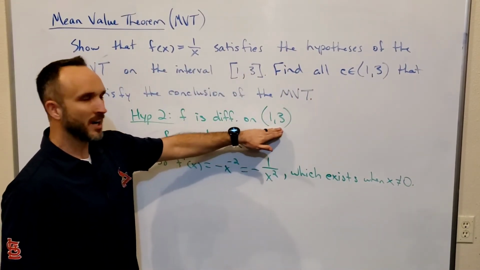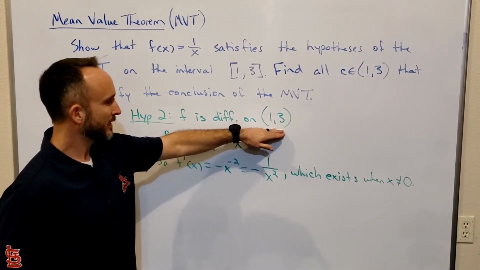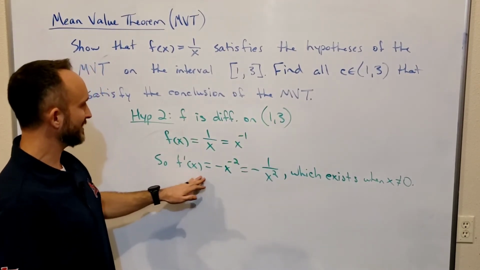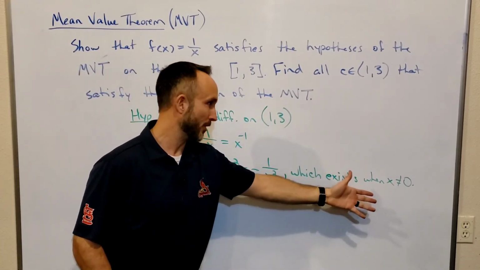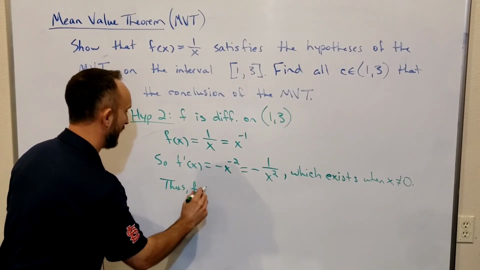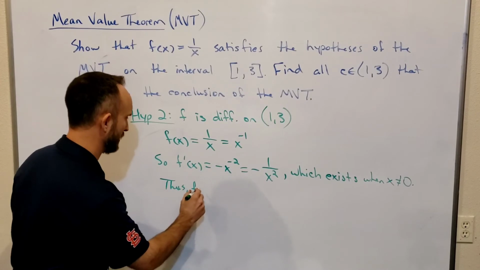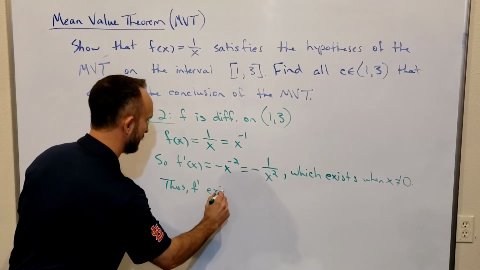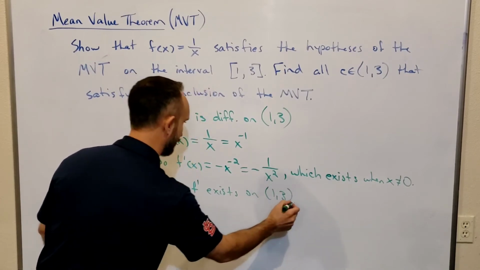Since 0 is not in this open interval, right, we know that f prime of x exists on this open interval because it only doesn't exist if x is 0. So thus, you could say f prime exists on that interval. Let's say that. f prime exists on the open interval from 1 to 3.